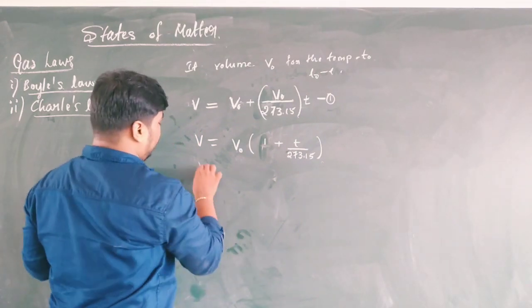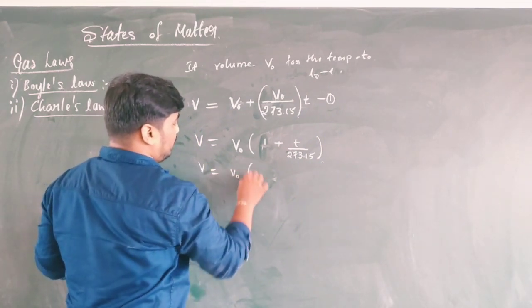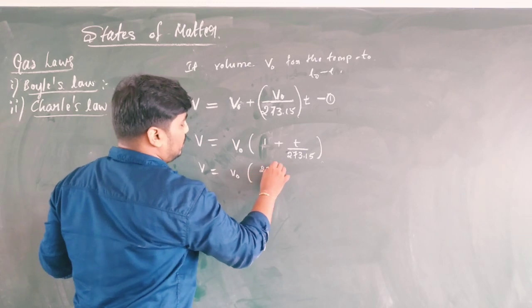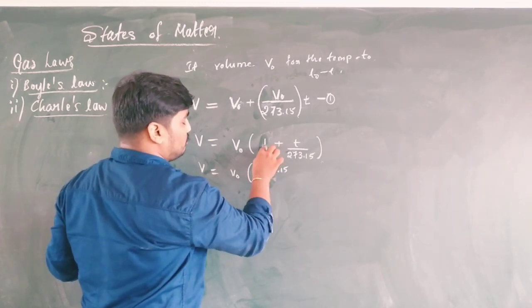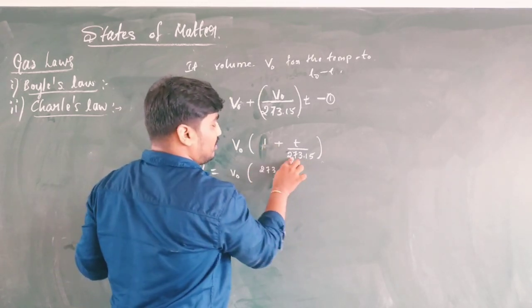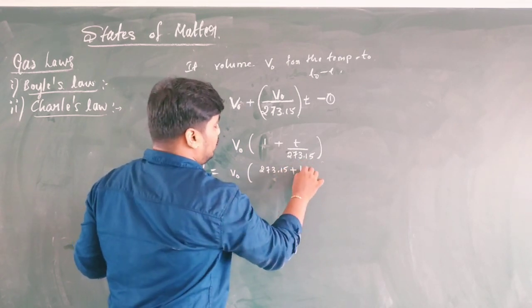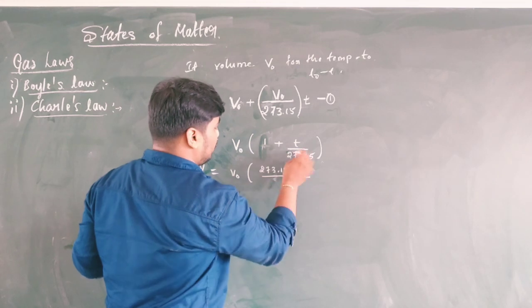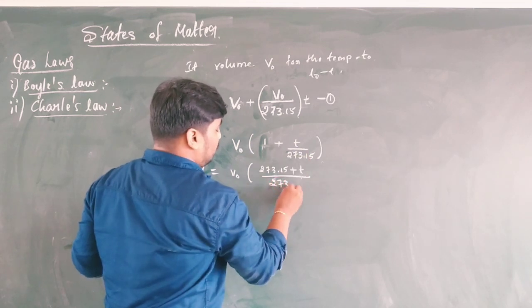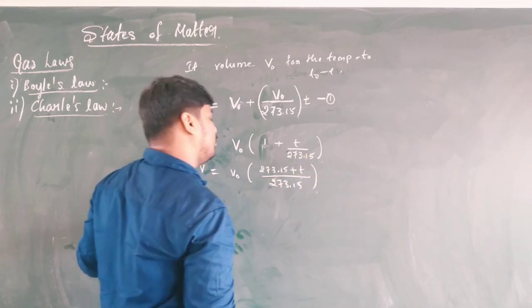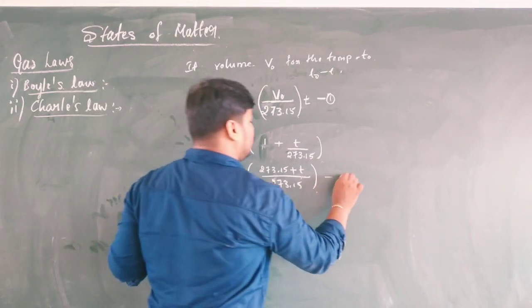Again I simplify the equation: I take 273.15 as a common factor, for the LCM, so V is equal to V naught times 273.15 plus T, divided by 273.15. Here is equation number 2.